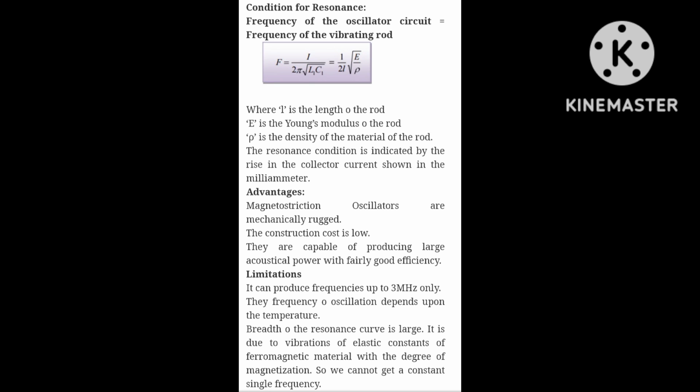Here, the frequency of the LC circuit is f equal to 1 by 2 pi root over LC, where L is the inductance of the coil and C is the variable capacitor. The velocity of ultrasonic waves is v equal to root over Y by rho.